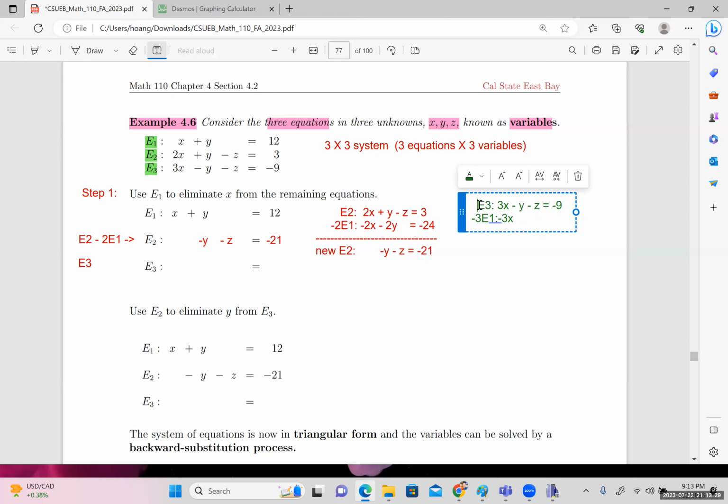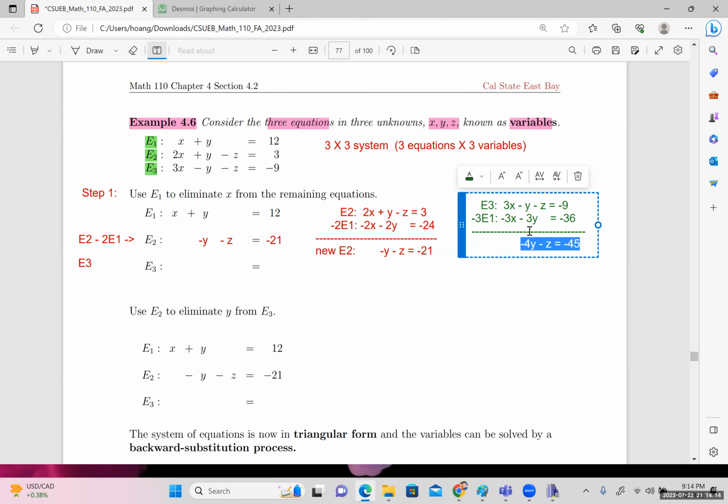Okay. So now you have -3x and minus 3y. And no more z, so we have equal to 12 times -3 gonna be -36. Okay, so now we can just add those together. We will have 0x, -4y, -z, and then equal to -9 minus 36 will be -45.